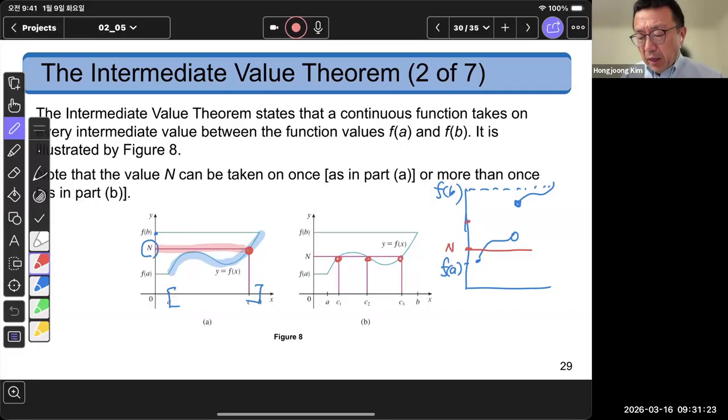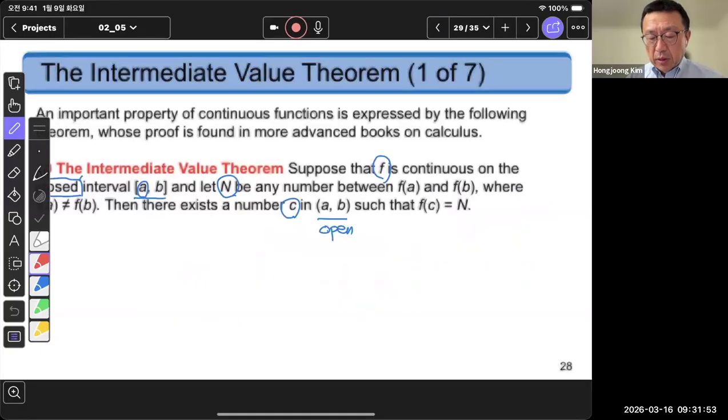But for some n, there may be no point of intersection, right? So if your function is not continuous, this intersection may not be guaranteed. But if your function is continuous, then the horizontal line at n will have an intersection, or there may be multiple intersections between a and b. And this open interval means that this c is not an endpoint.